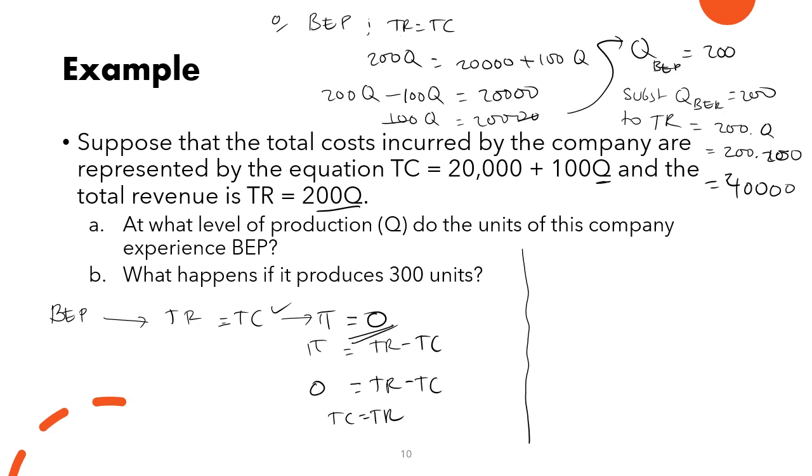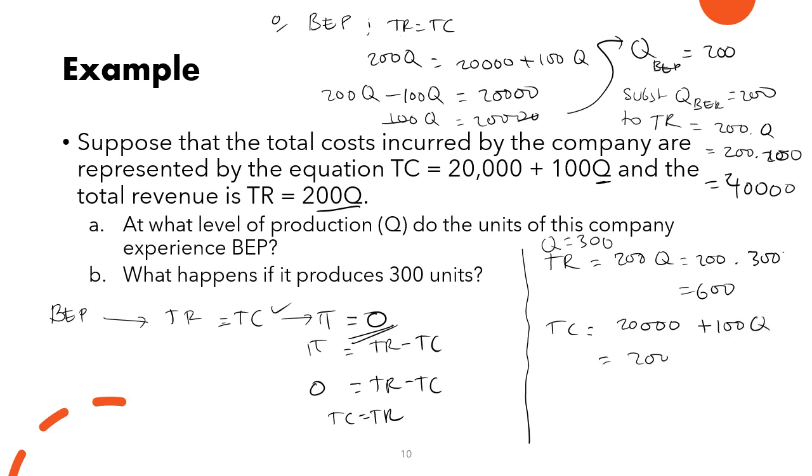What happens if it produces 300 units? So the TR at Q 300 is 200Q, so it gives you 200 times 300, that is 60,000, and TC is 20,000 plus 100Q, that is 100 times 300, that gives you 50,000.